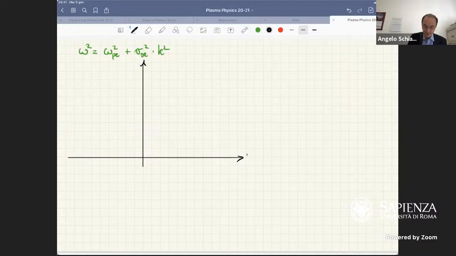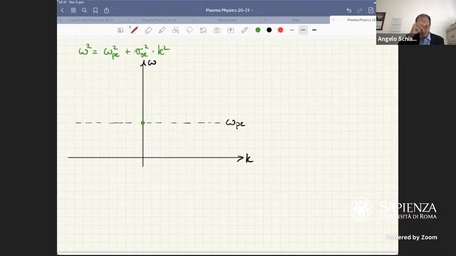So we have k and omega. We have our reference point here corresponding to omega p, the plasma frequency, sorry, and the curve. You see that it is the usual almost parabolic curve.